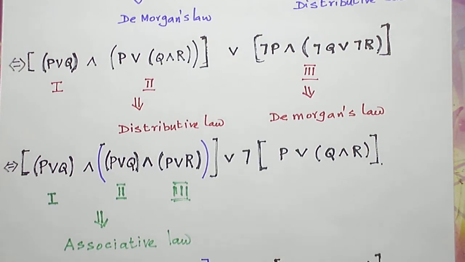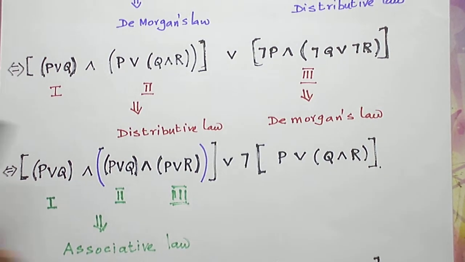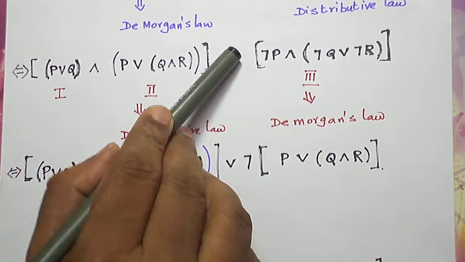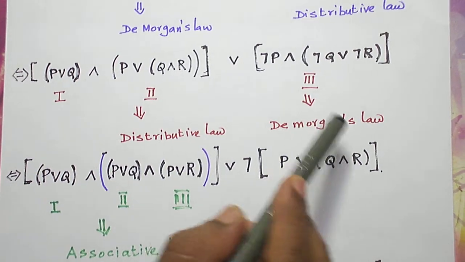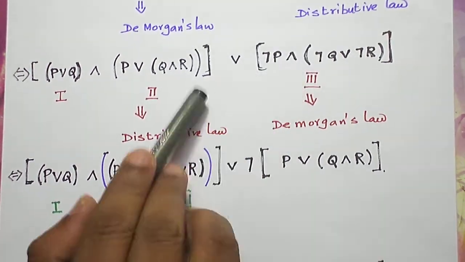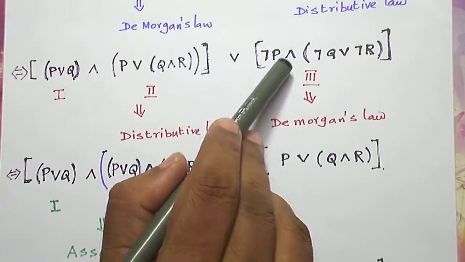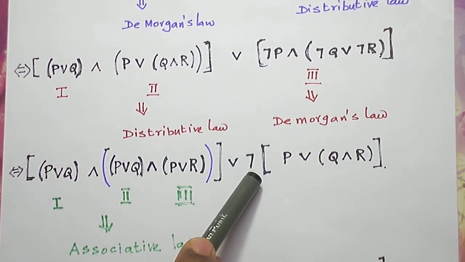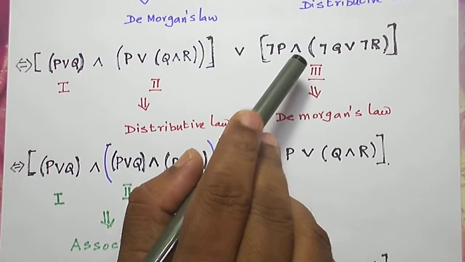What happens to the third term in this step? Negation appears everywhere, so let me take negation outside. That is guaranteed by De Morgan's law. When I take negation outside, that negation will disappear from each term, and when I take negation in common, the connectives will exchange.